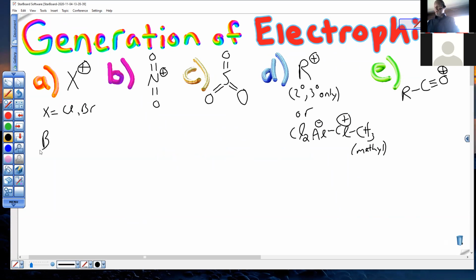We could start with bromine, itself a very strong electrophile already, not strong enough for benzene to react with it. It needs to be souped up. We're going to soup it up by reacting it with an even stronger Lewis acid. And we're going to use FeCl3.